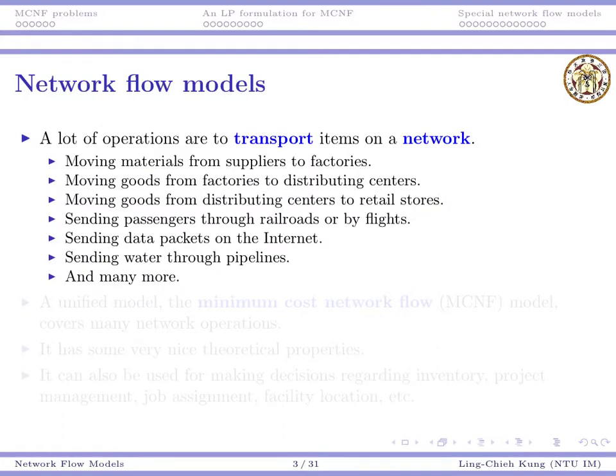If we are not sending goods, we may also want to send passengers through railroads or flights. We may want to send data packets on the internet. We may even want to send water through pipelines. Okay? There are so many different things or people to send through a network in the world.